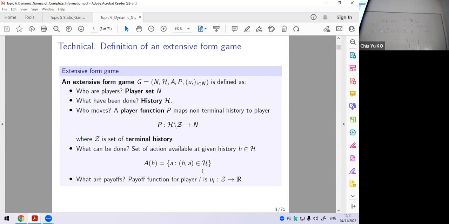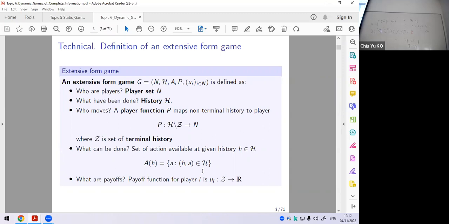And then here it is complicated, because depending on what has been done, we will decide who is going to move next. That is the player function. And this Z is the terminal, the last one who moved. Except for the last one, you decide who is going to move next.